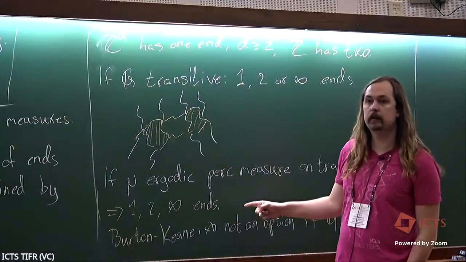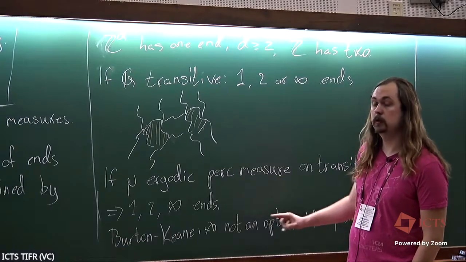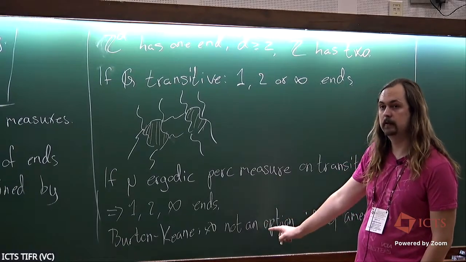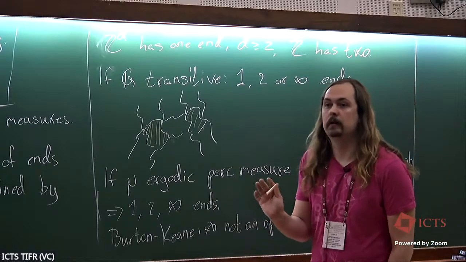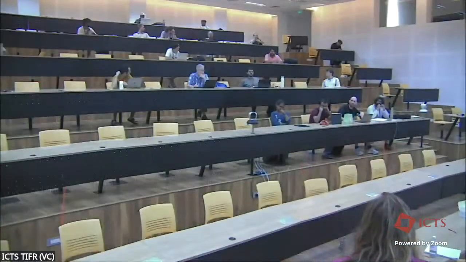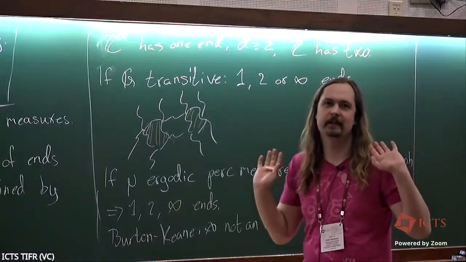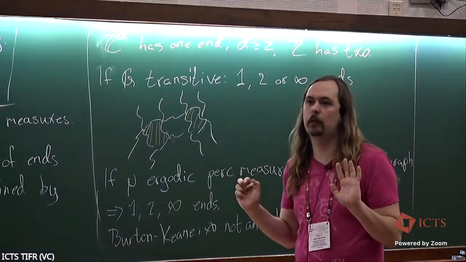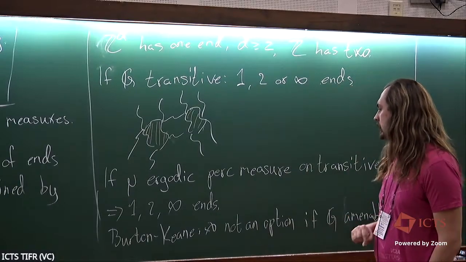Yeah, because if you have 3 ends, then you... No, this is ergodicity. Okay. Right, if you're not ergodic, you could have any number of ends you want. If you're not translation invariant, yeah? But if you're not automorphism invariant, yes. 1 and 2 are the only options.